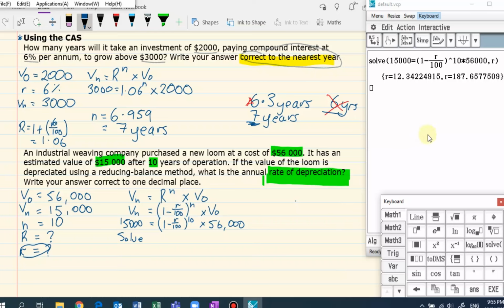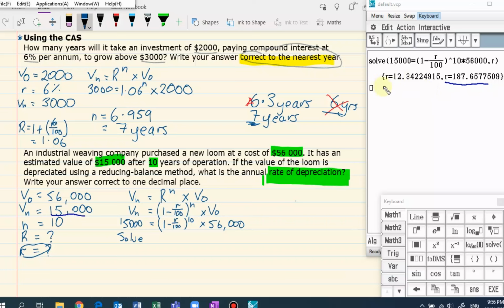If you think about it logically as well, if we had a rate of change of 187, that's saying that's 187%, which is suggesting that it's dropping by more than the whole value of the loom per year. So there's no way we could have, after 10 years, a value of $15,000.